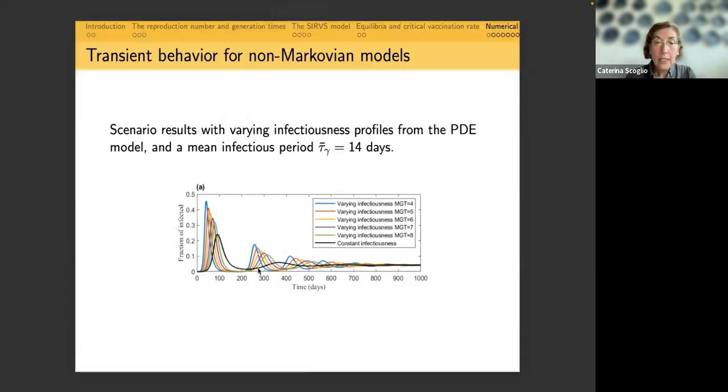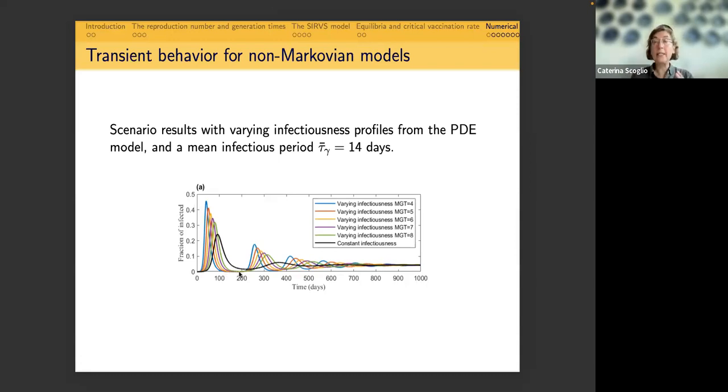So this can be one reason why in the Markovian we don't have any die out after the first peak, but we have die out in the non-Markovian case, because all these curves go much closer to 0, as you see here.